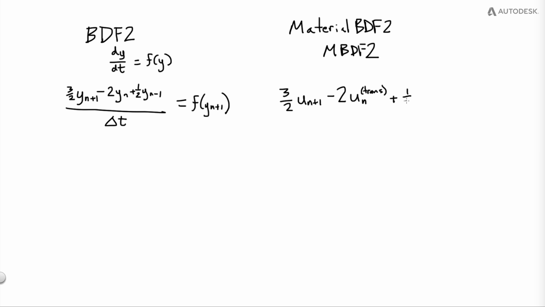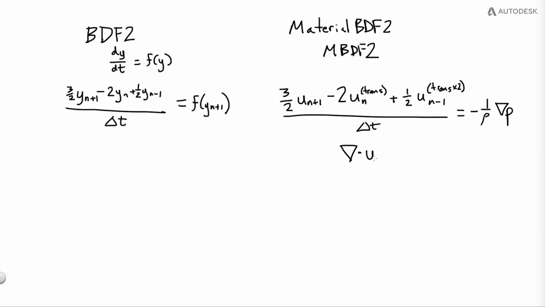And we'll also include the n-1 that's basically being transported twice to get from the n-1 grid to the n grid to the n+1 grid. All divided by delta t is again going to be -1 over rho grad p, and we're solving pressure to make the new n+1 velocity field divergence free.